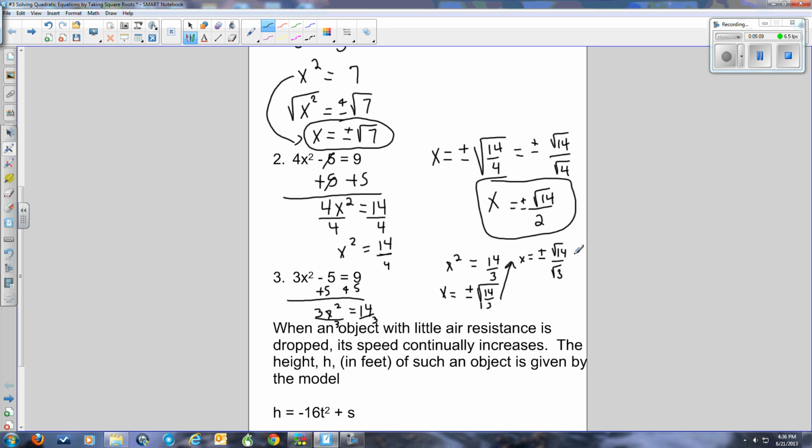Remember, you can't leave that there. So we're going to have to rationalize by multiplying both the numerator and the denominator by the square root of 3. Now, in the denominator, square root of 3 times square root of 3 just gives you 3. In the numerator, we need to say 14 times 3, which gives us 42. And we still have our plus or minus here.